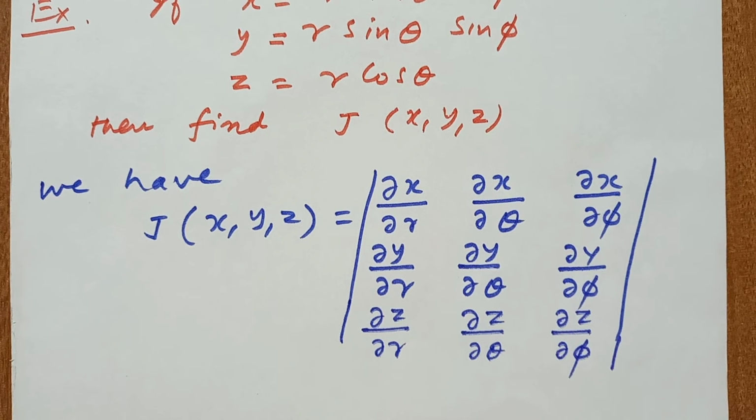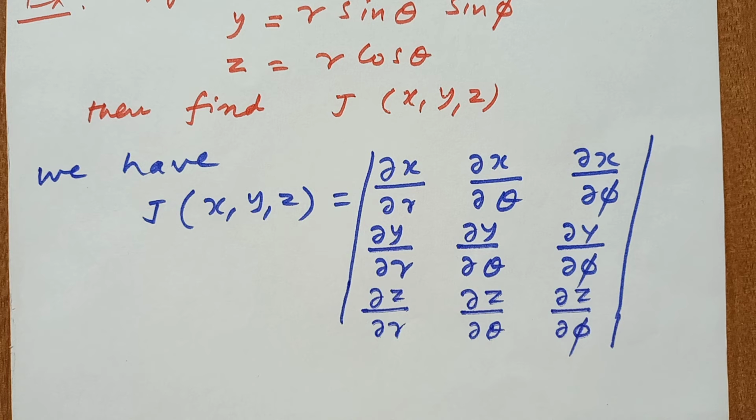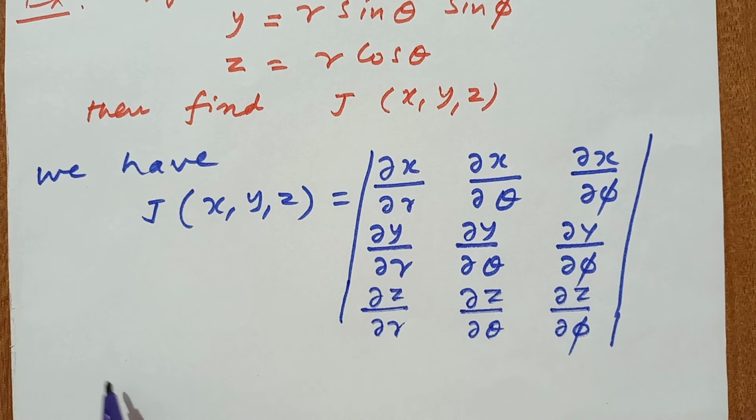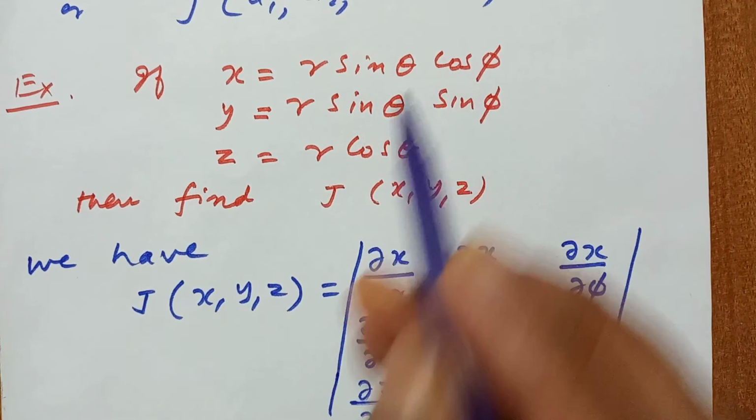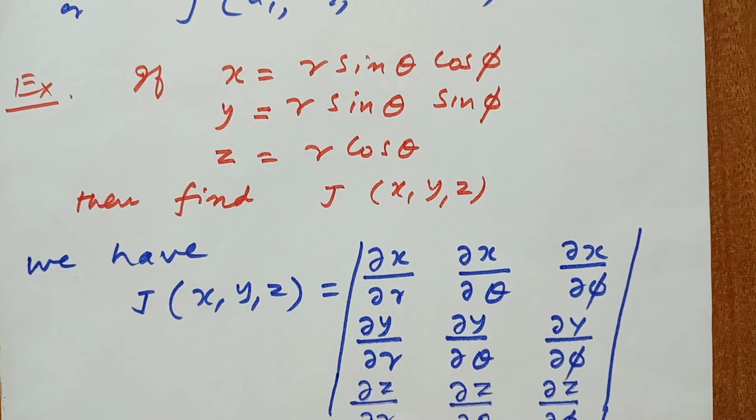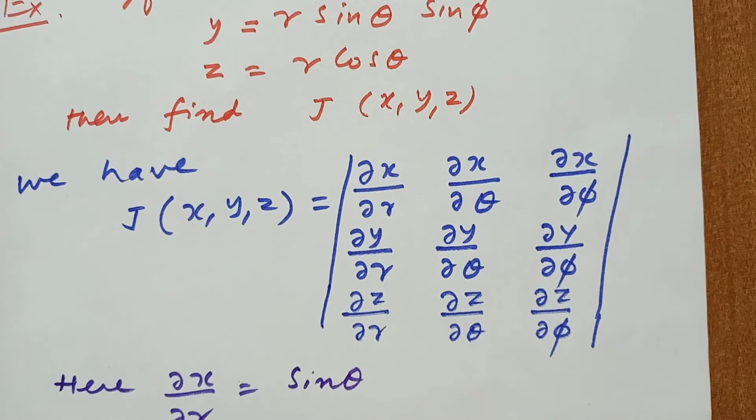Okay, so this is the definition. Now we will calculate partial derivatives, means here del x upon del r. So del x upon del r, theta and phi are constant. So del x upon del r is equal to sine theta cos phi.